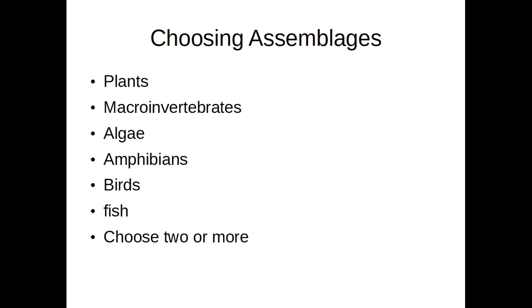Amphibians offer many advantages but have insufficient taxonomic diversity in some regions for traditional methods. The mobility of birds makes them well suited for landscape level assessments. Fish have many advantages that have been demonstrated in other water bodies, but the fish assemblage is limited to a few wetland types. In summary, different assemblages have different advantages depending on the purpose of the project, region of the country, and wetland types being evaluated.